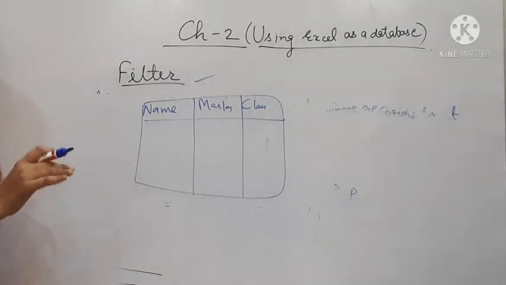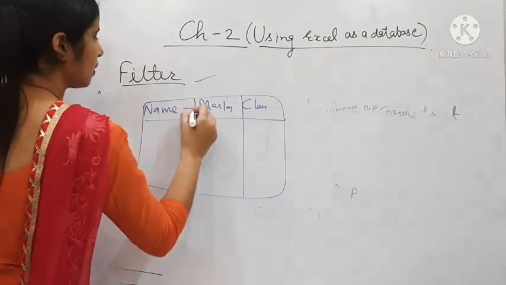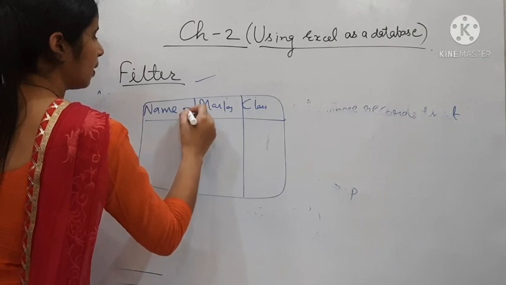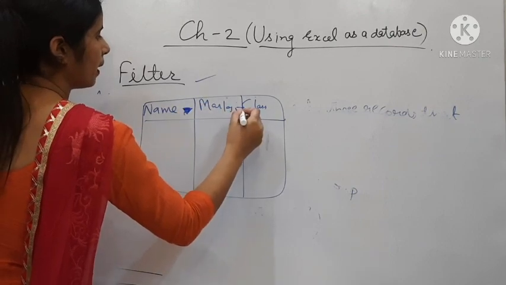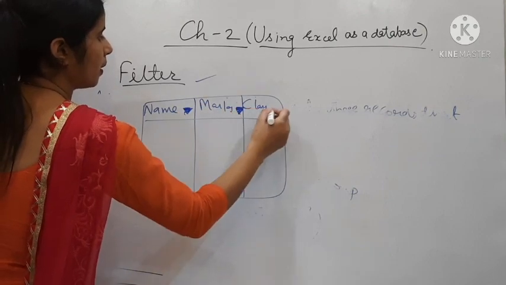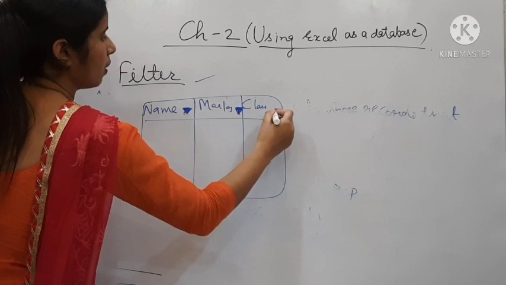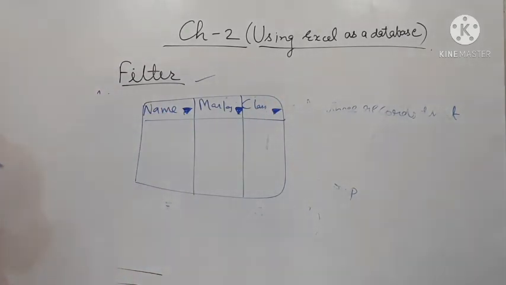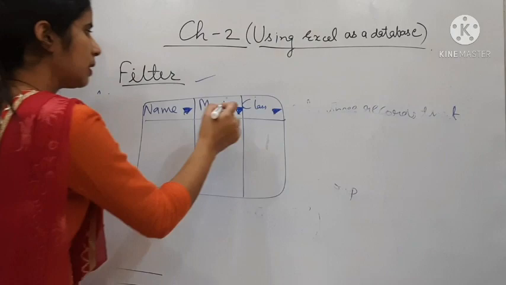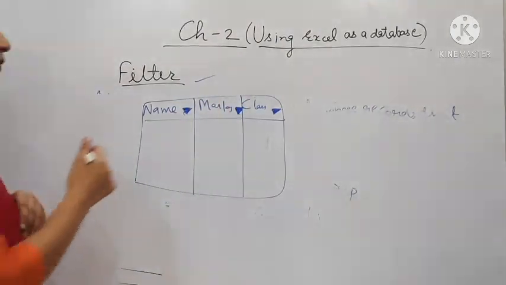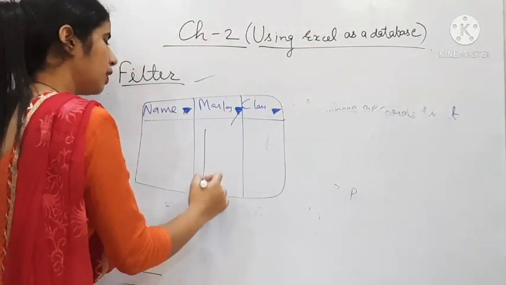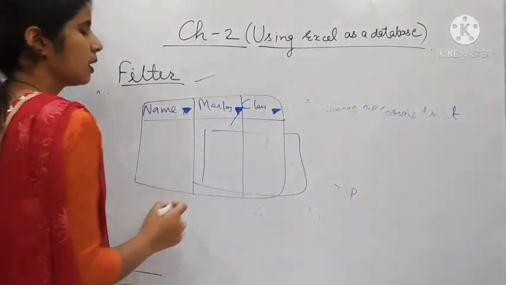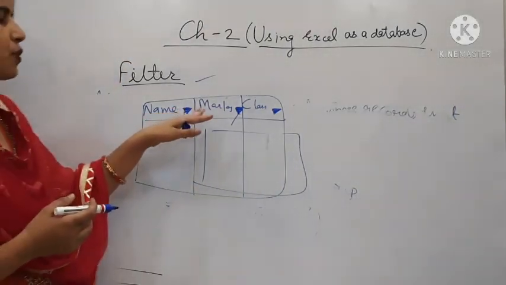Okay. So as I clicked on Filter, this kind of option or symbol will appear after every column label. So this is the filter symbol. Whenever we click on this, it will show me a box.